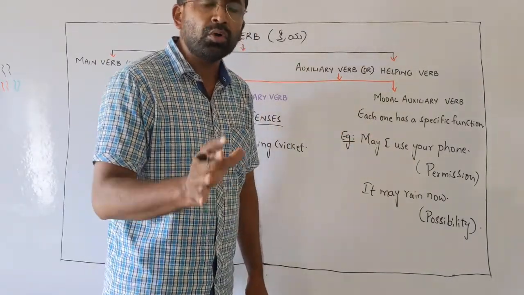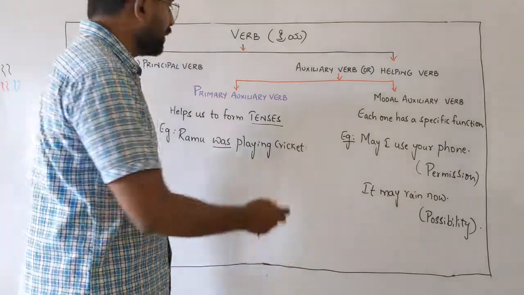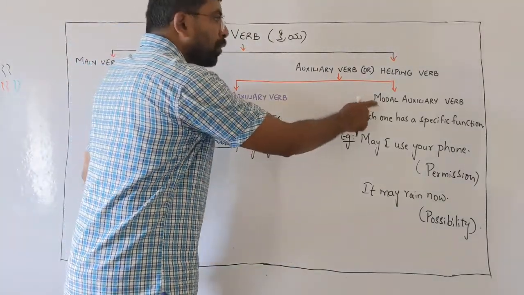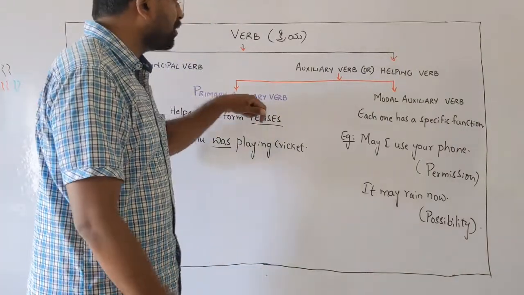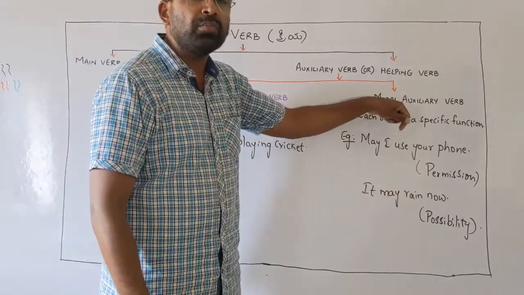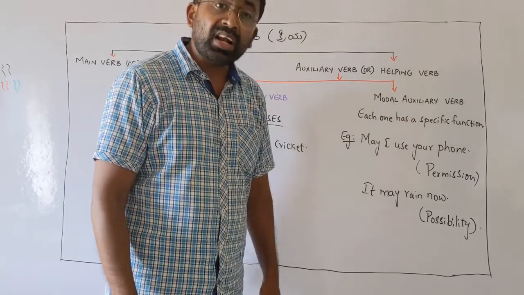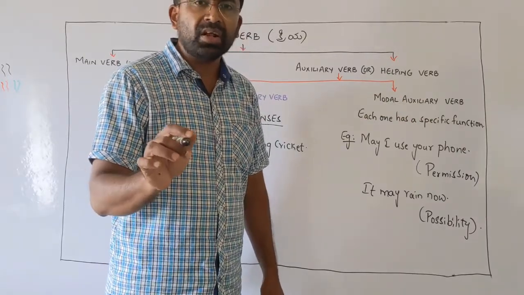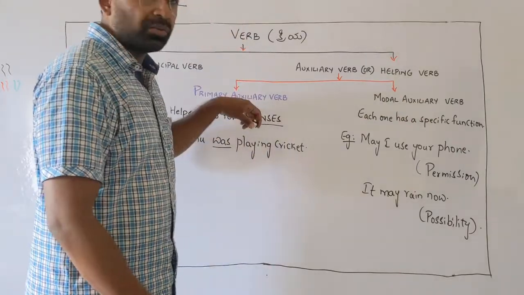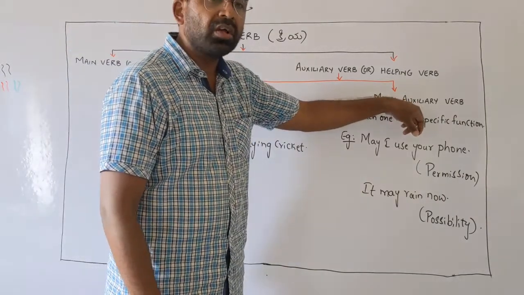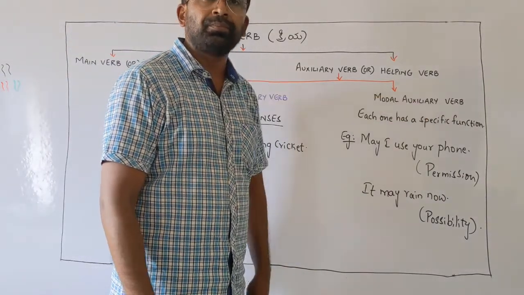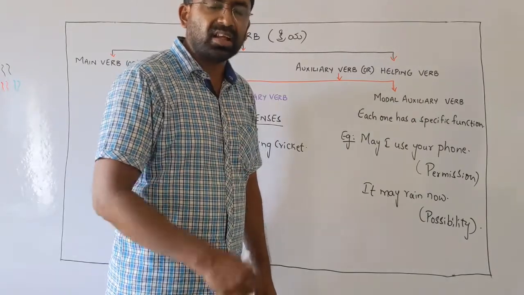Most of us do not know where to use the primary auxiliary verb and where to use the modal auxiliary verb. Is there a difference? If there is, where should each be used? Today, let us discuss that.